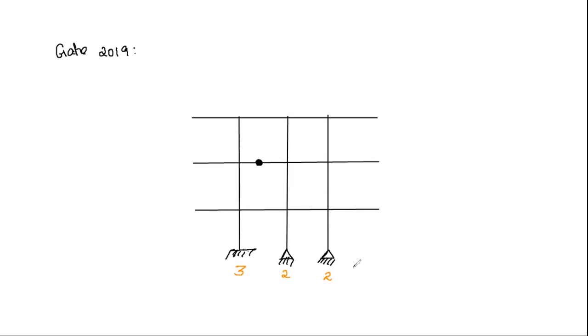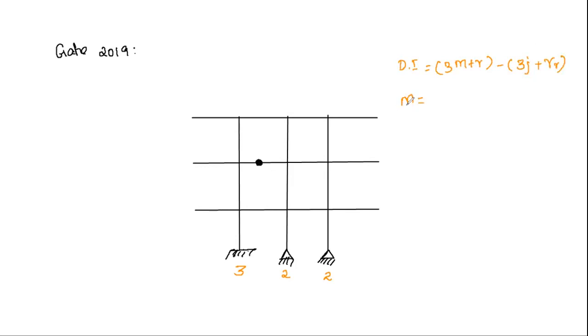Is it a two-dimensional or three-dimensional structure? It is a two-dimensional structure. And the formula for finding out the static indeterminacy is three M plus R minus 3J plus RR.